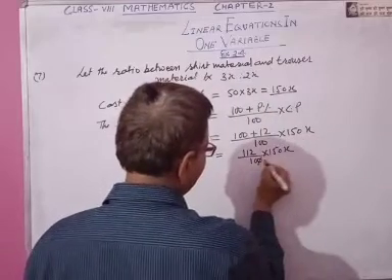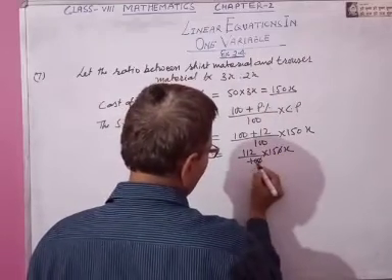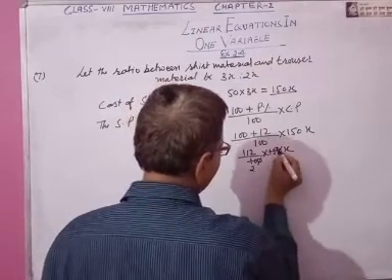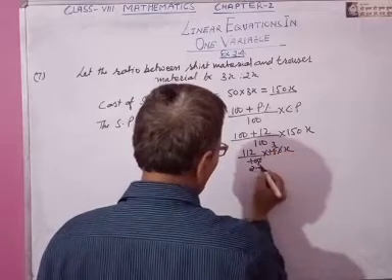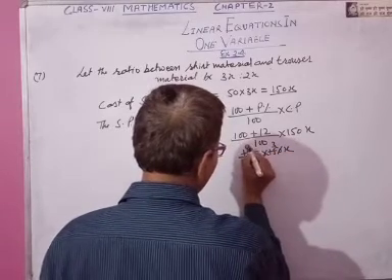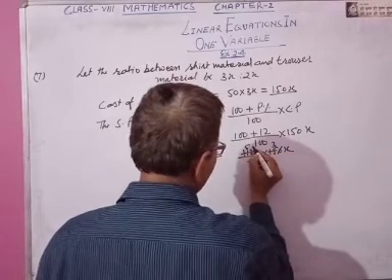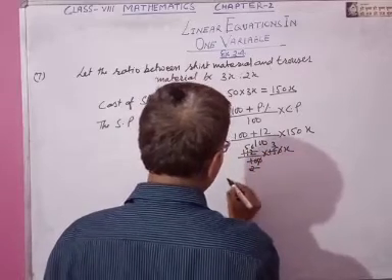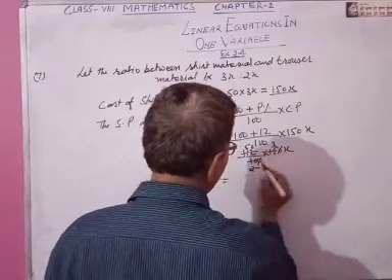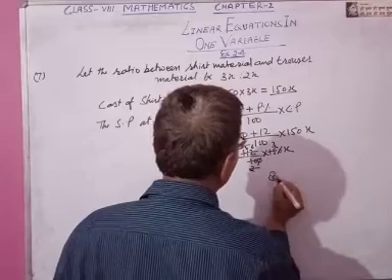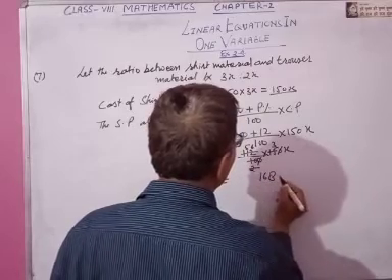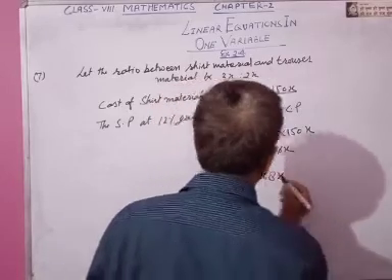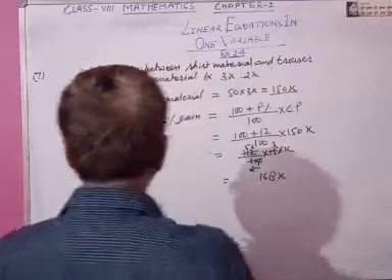Now we can cancel zeros, and multiply 3 and 56, we get 168x.